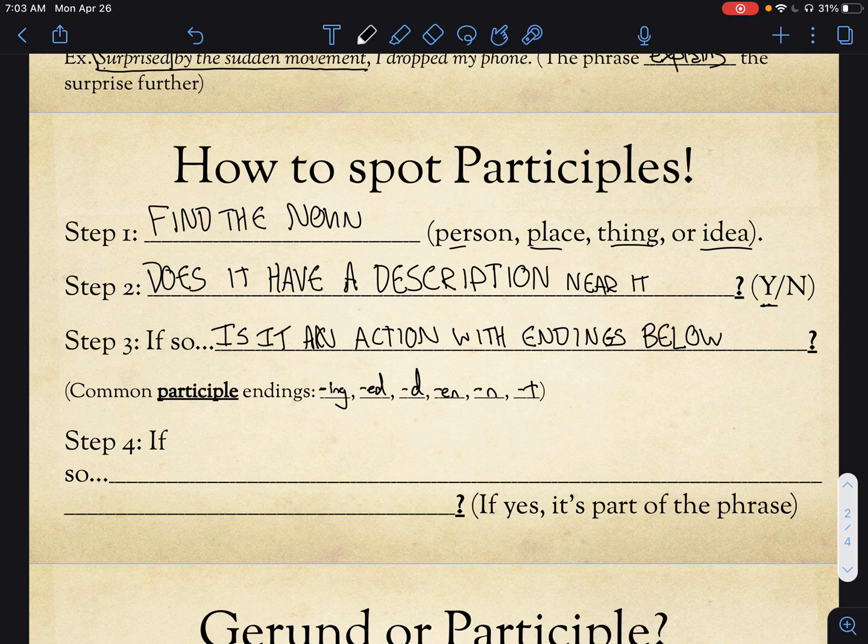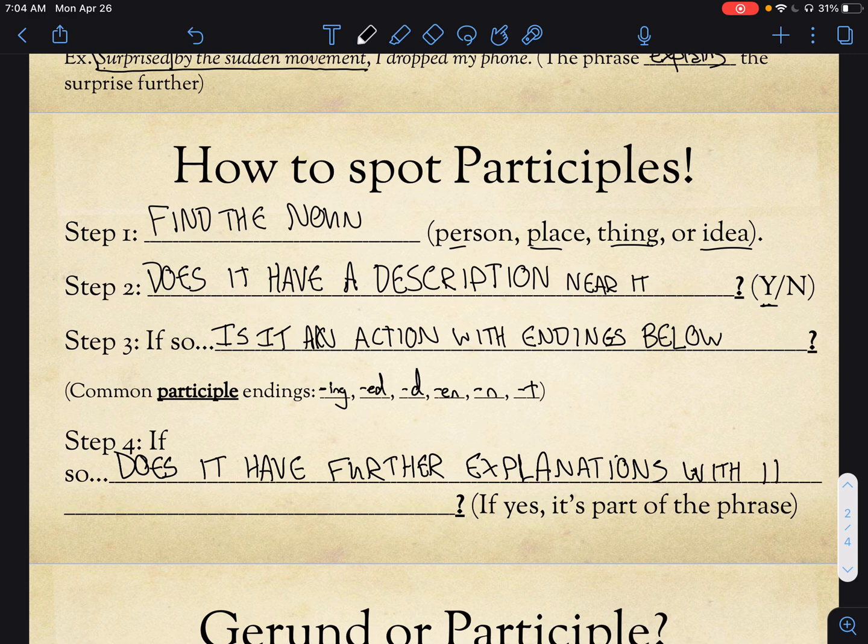But remember, participle phrases aren't just the participle, they're also the words that help explain it. So if you did find one of those actions, does it have further explanation? Make sure that you not only find the participle, but if it has any extra explanations with it, you need to find those too.